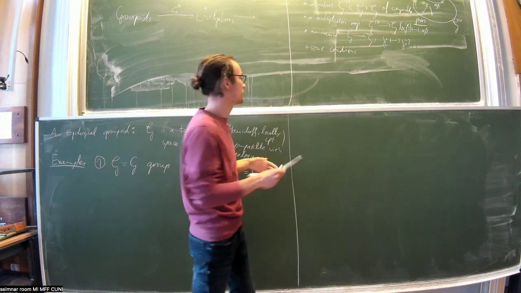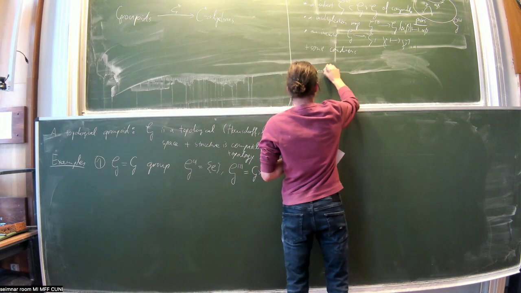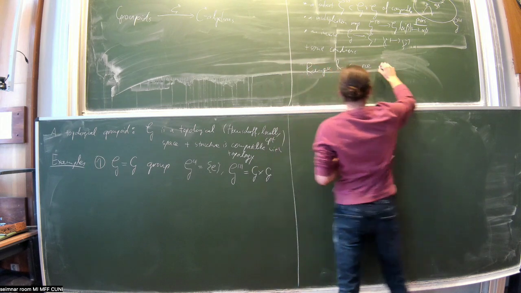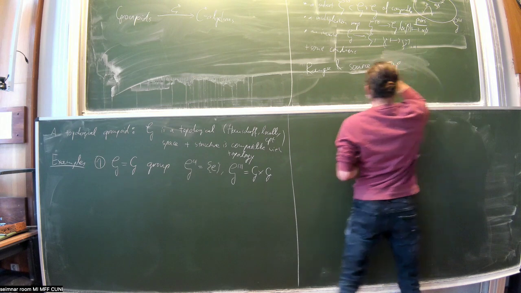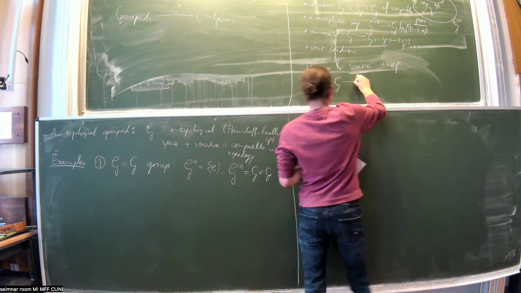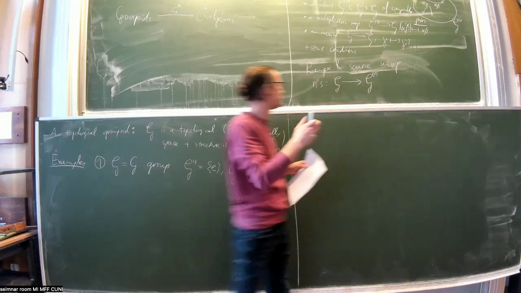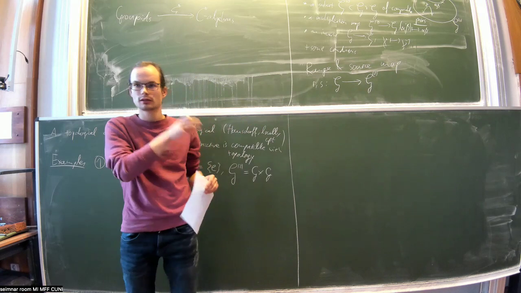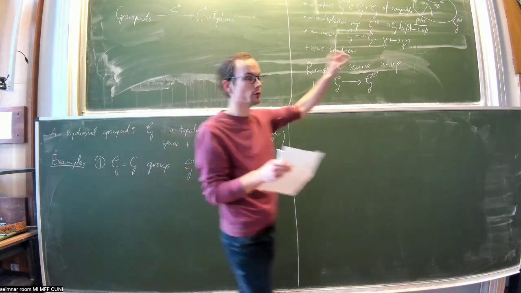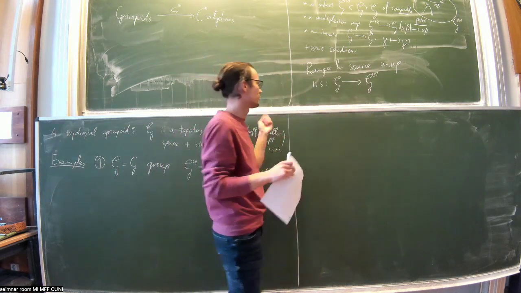We want to make that explicit, so I'm just going to define the range and the source map, r and s, which both go from the groupoid to its unit space. Intuitively, if you feed r an element, it spits out the point in the unit space which is the target of the arrow, and the source is the same thing.